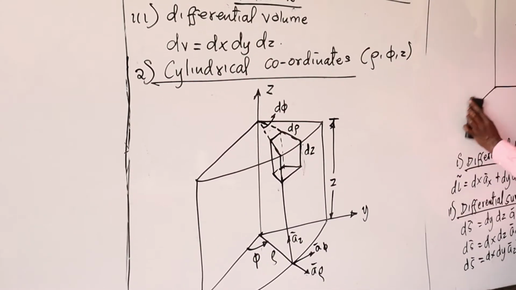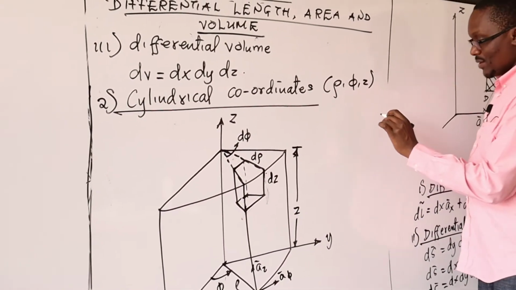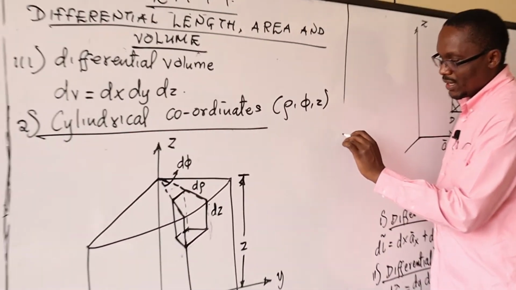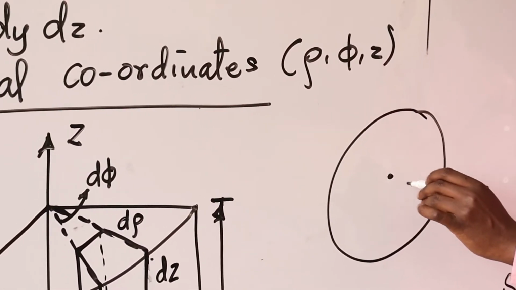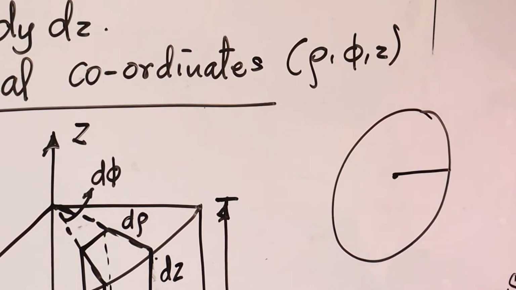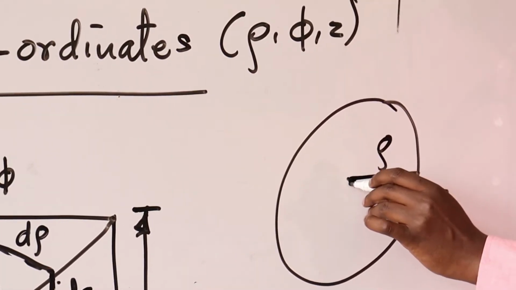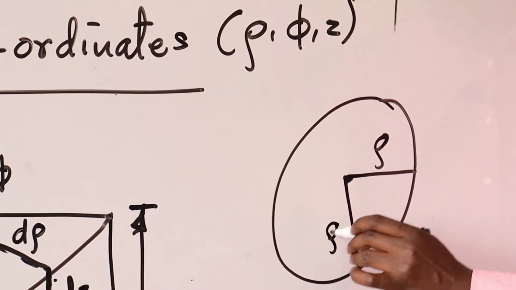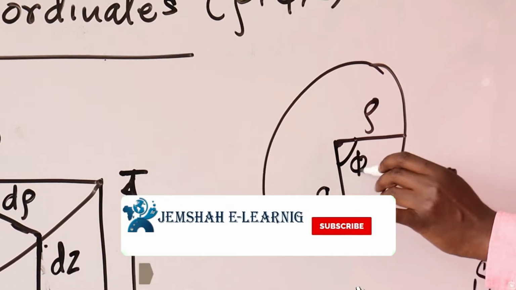If we remember how we get our circumference from our lower level, we did this maybe in our basic mathematics. We have that is the center of a circle. Let me assume that my length here is rho, my radius is rho, another radius there is rho, and this is my angle, which is also phi.